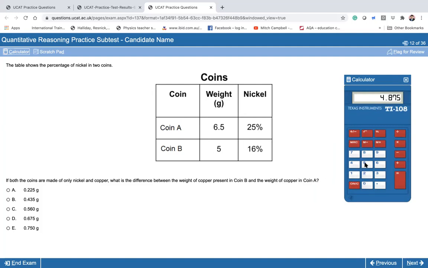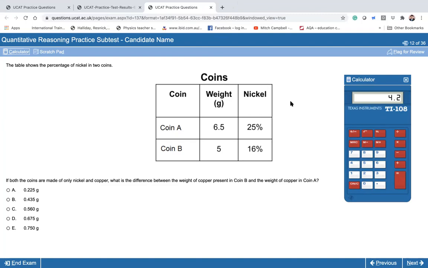So 84% of 5 would be 0.84 multiplied by 5, and that gives you 4.2. The other one was 4.875. This is 4.2. So 4.875 minus 4.2, that would be 0.675. So your option D, 0.675, is the right option.